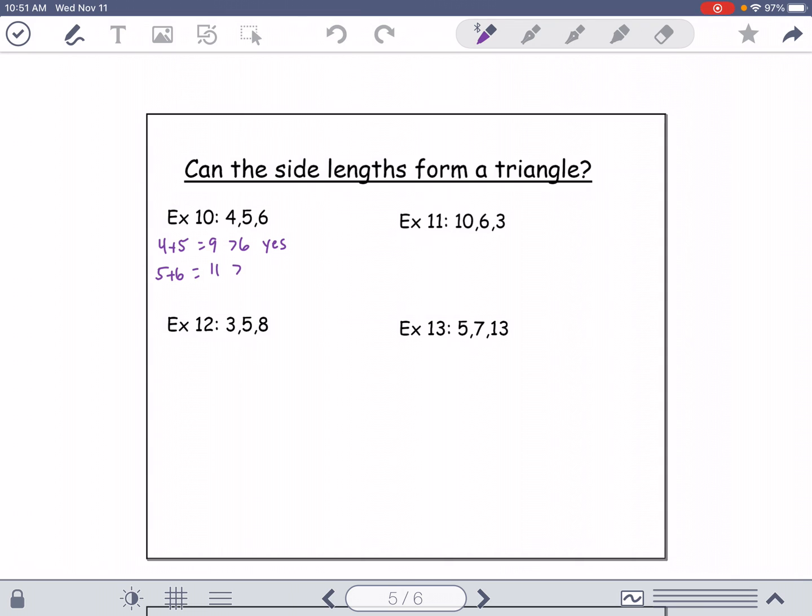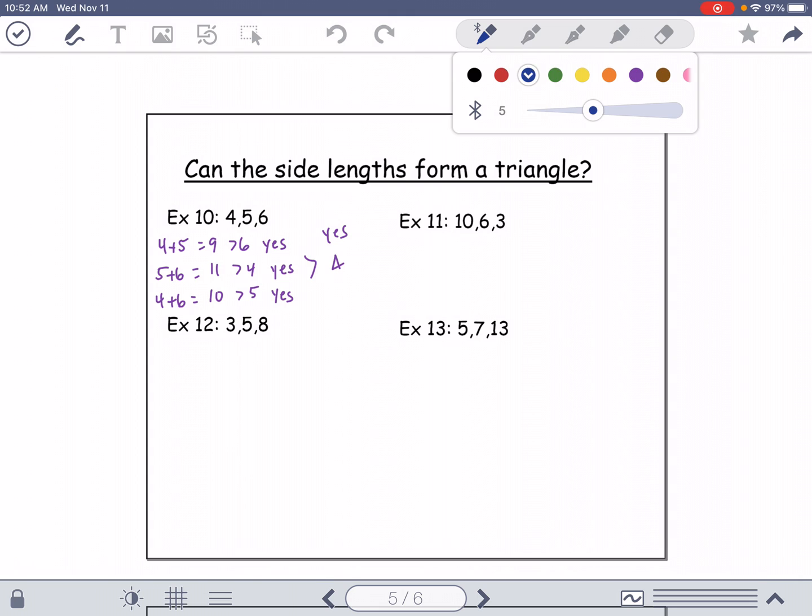Is 11 greater than 4? Yes. Now I've added 4 and 5, 5 and 6, so now I've got to add 4 plus 6. That equals 10. Is 10 greater than 5? Yes. So when you get three yeses, you can say, yes, triangle.